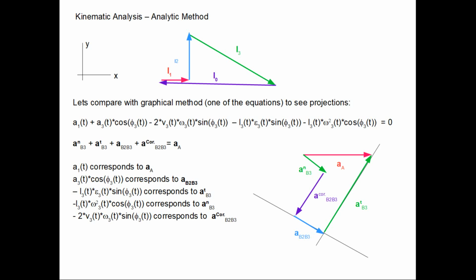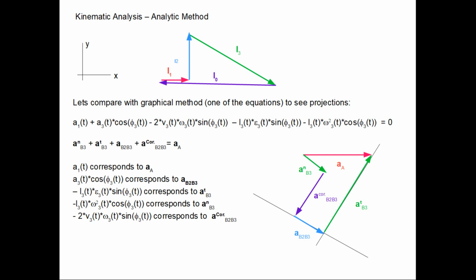As in the previous case with velocity, it was the relative velocity of a slider moving along a rod, it is now the relative acceleration of a slider moving along a rod. So it corresponds to the change of the length of the vector L3, so it must correspond to the AB2B3.